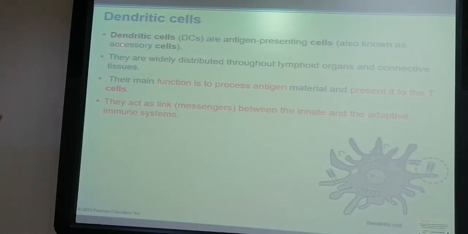The dendritic cells are antigen presenting cells, also known as accessory cells. They are widely distributed throughout the lymphoid organs and connective tissues. Their main function is processing antigen material and presenting it to the T cells.